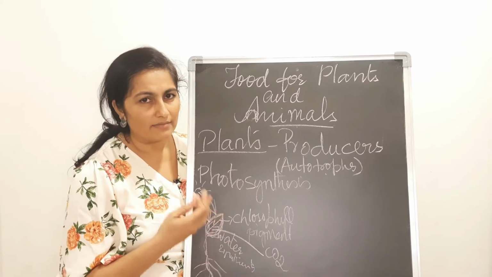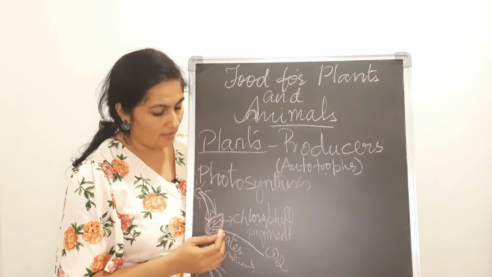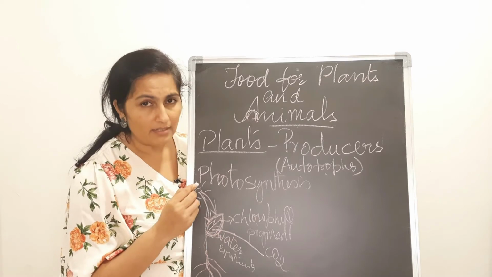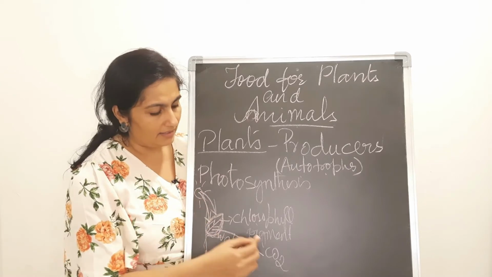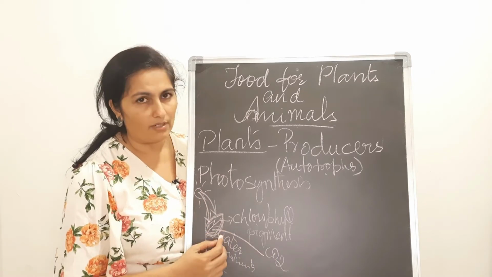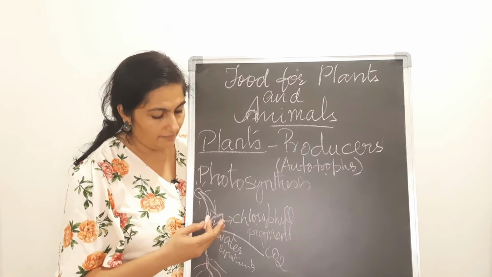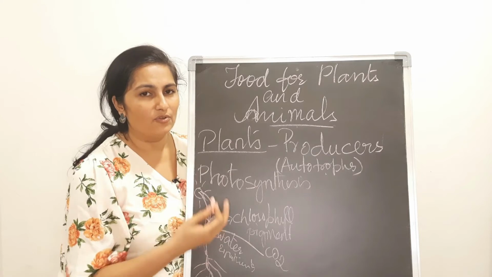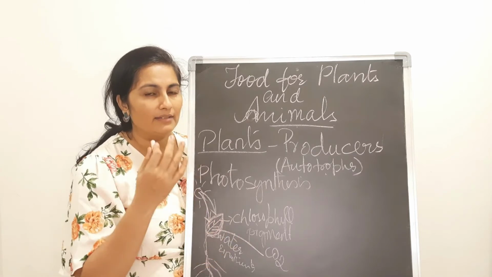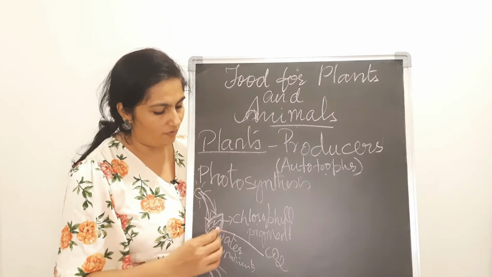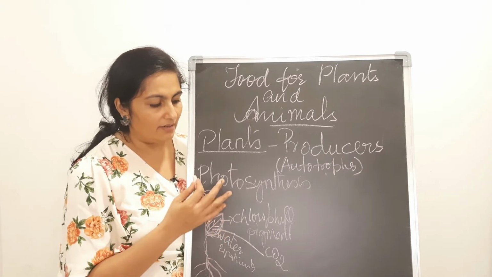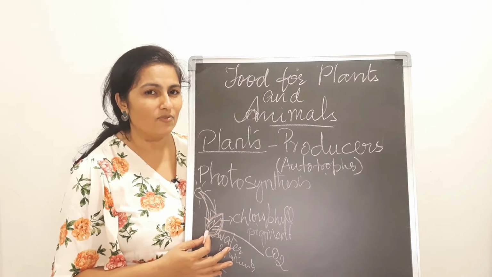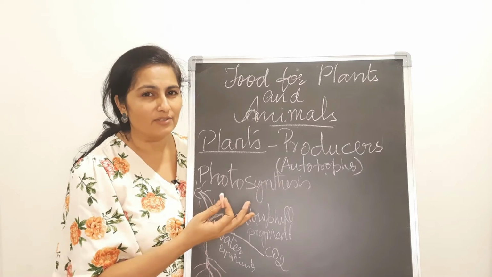Nutrients are not very important, but the most important are the sun's energy and light, then the carbon dioxide and the water, and the leaf will use that and do the photosynthesis, and that's how the plant makes its own food. And the end result, when plants make their own food, it's doing a big favor to nature.